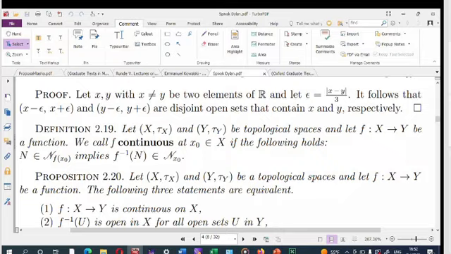We call f continuous at x0 if the following holds: for any neighborhood N of f of x0, the inverse image of N under f is a neighborhood of x0.